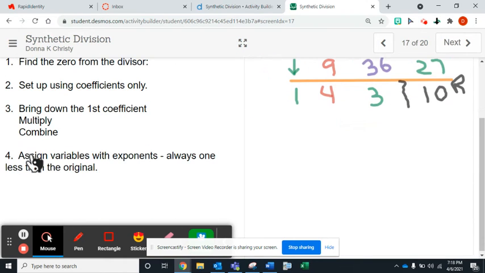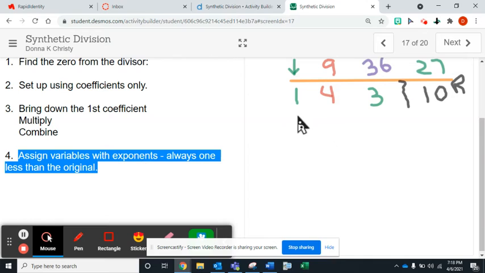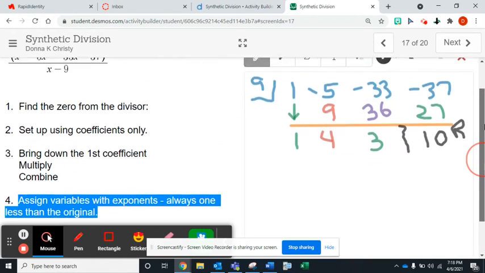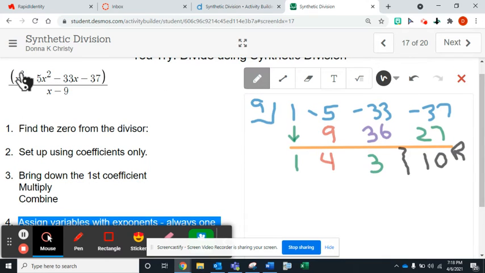So remember, assign the variables with exponents to these coefficients, always one less than the original. So the original was 3. So this one is going to be x squared, x, and then the number. Now I'm going to rewrite it.